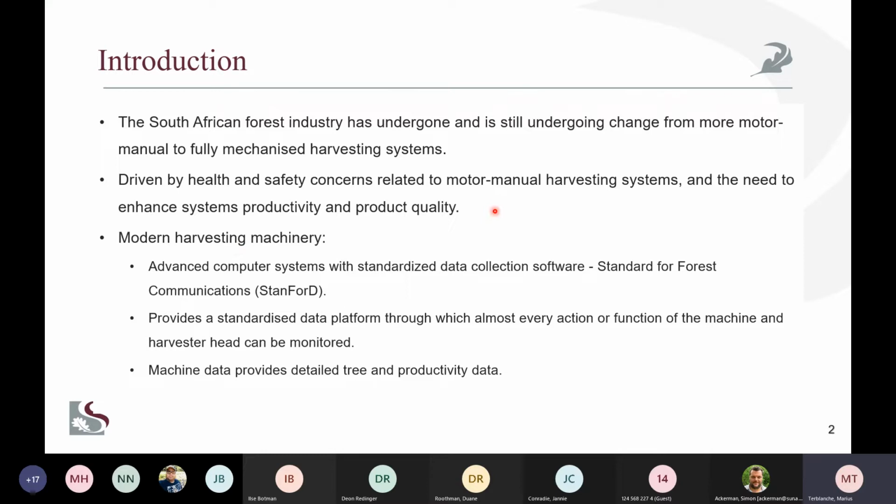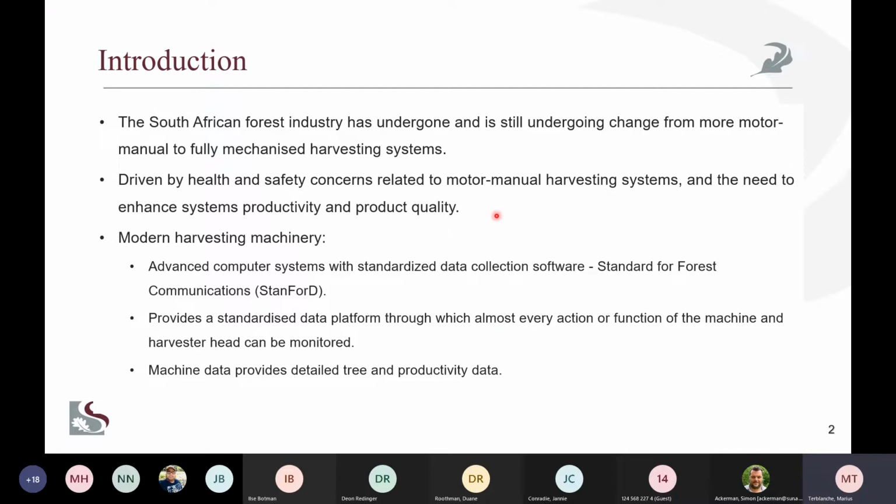These modern machines are extremely powerful tools on the back end, on the computer side of things, with very detailed software. Most of them, or basically all of them, run on the standard for forest communications called StanForD, which is like a baseline data type, which collects vast amounts of tree data, sizes, lengths, productivity data, machine uptime, fuel consumption, engine runtime, basically everything.